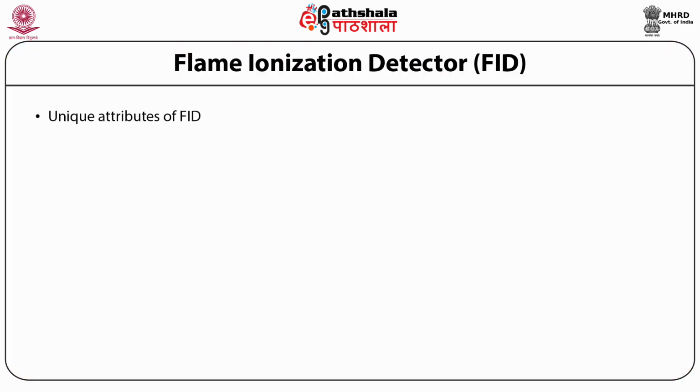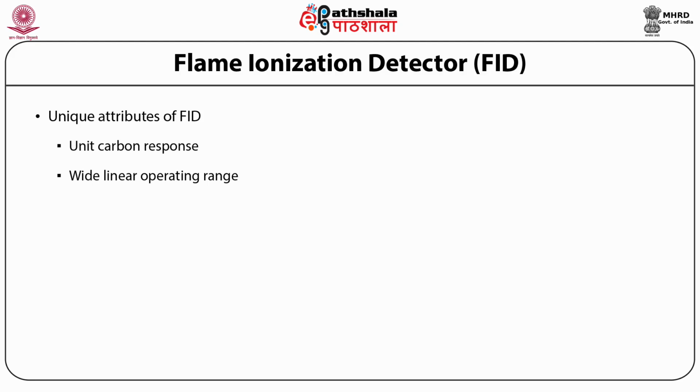This is extremely useful when analyzing complex samples such as those in the petroleum industry, wherein samples can contain well over 1000 components. The unique attributes of the flame ionization detector are unit carbon response and a wide linear operating range, that is up to 7 orders of magnitude.